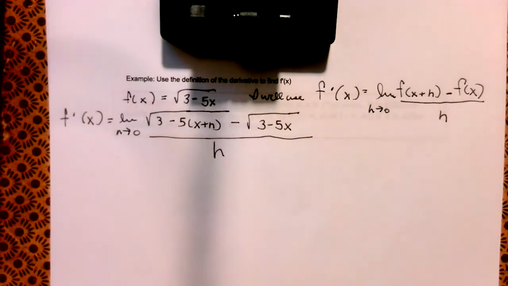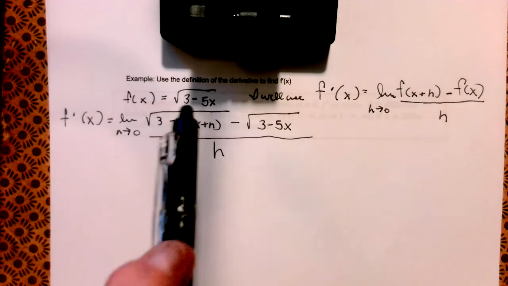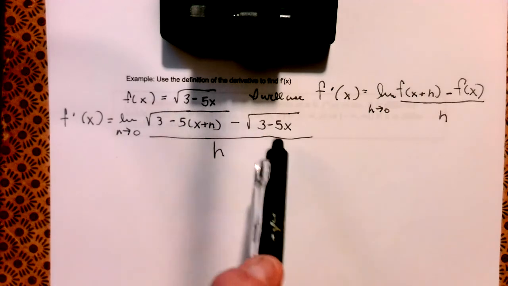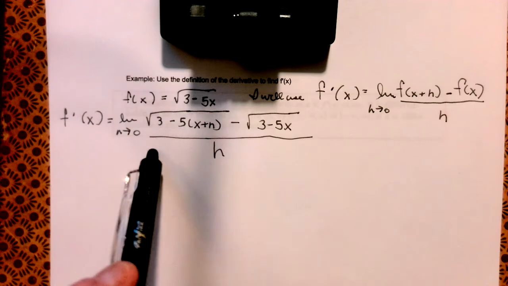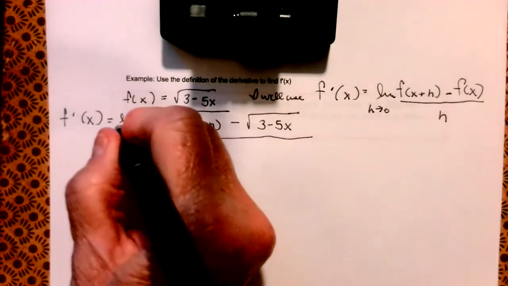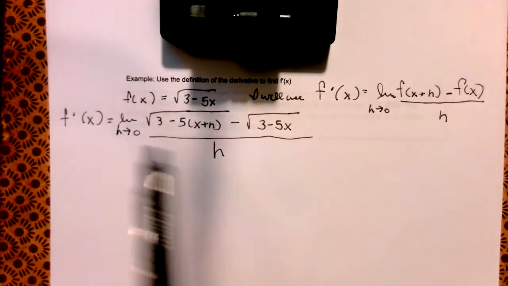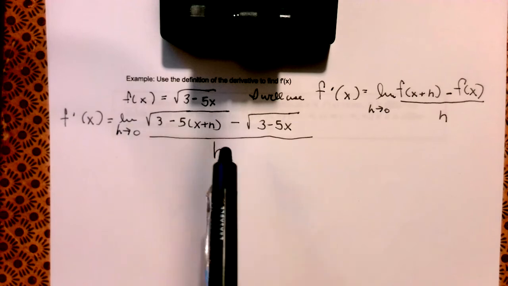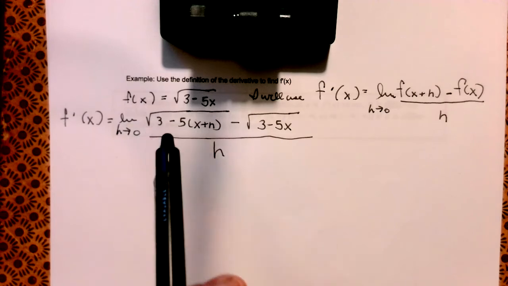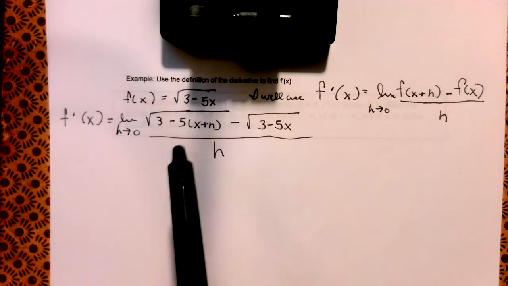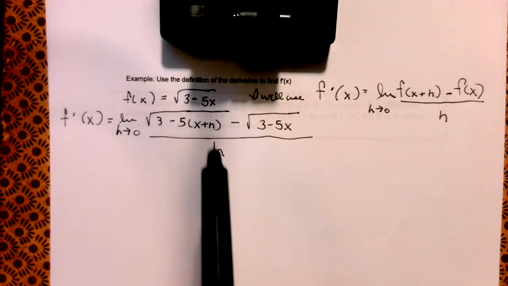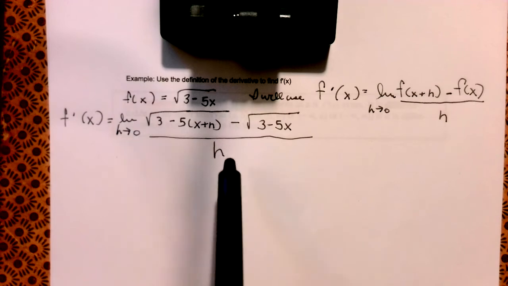Now, if we were in class, I'd stop and say, who remembers how to simplify this? Because remember, we don't want to substitute in 0 for h at this point, because we know that would be undefined. What we need to do are some algebra techniques so that we can get this h in the denominator to cancel. That's what's keeping us from substituting.